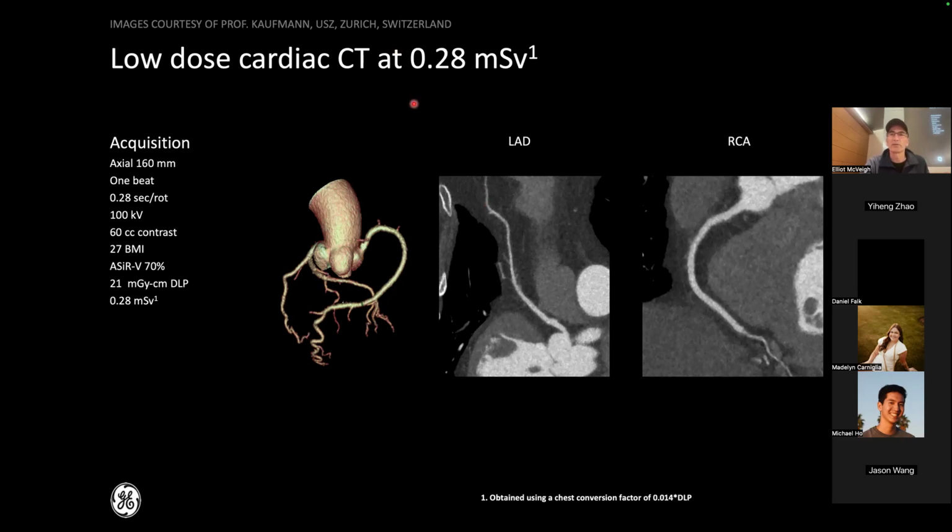In terms of radiation dose for looking at the coronaries, is that a concern? If the patient is small-ish, you can get remarkable images for very low dose. This is off the GE scanner, and you get these great vessels showing that this person's negative for coronary artery disease, and this was done at 0.28 millisieverts.